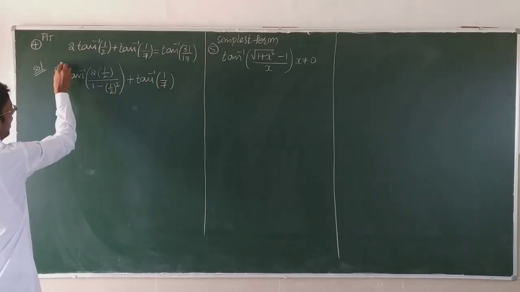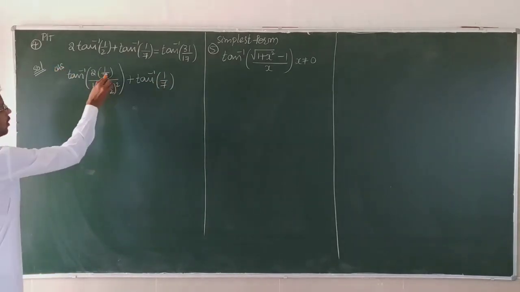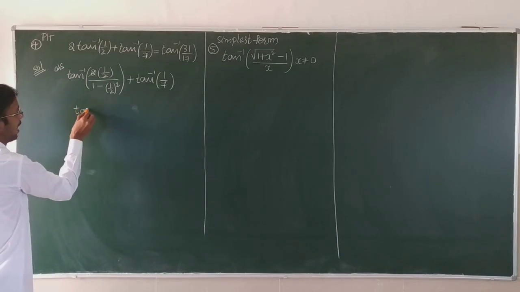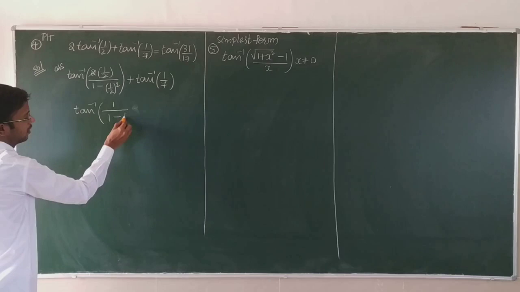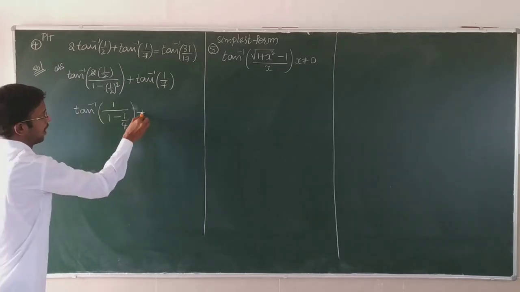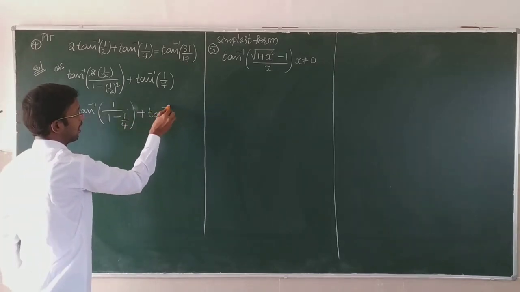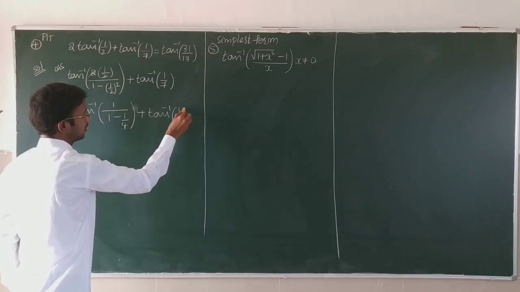This is the LHS part. This one cancels. Tan inverse of 1 by 1 minus 1 by 4 plus tan inverse of 1 by 7.